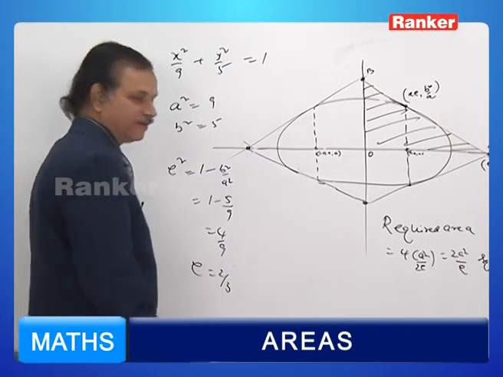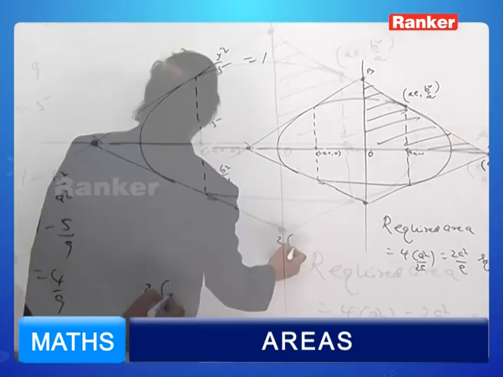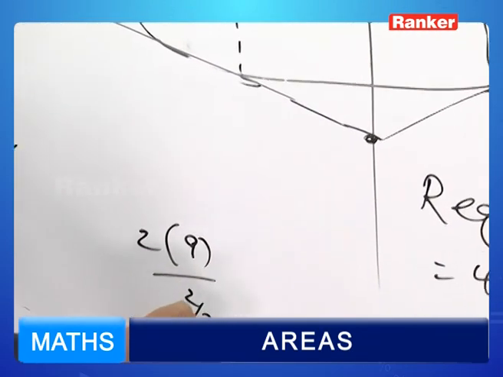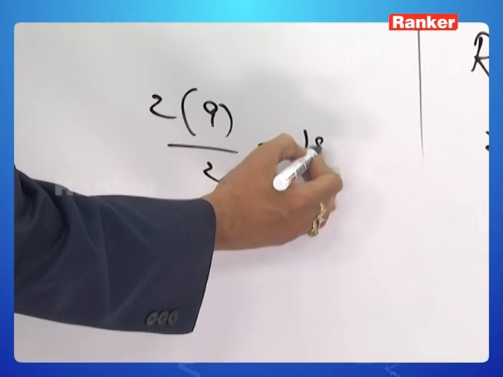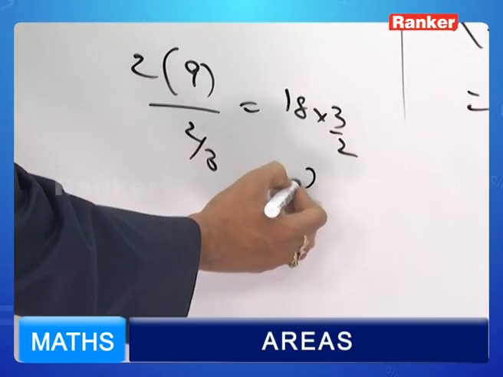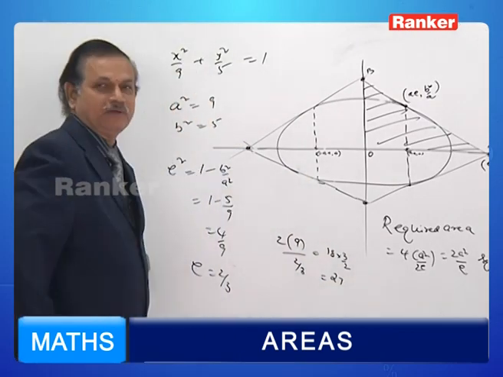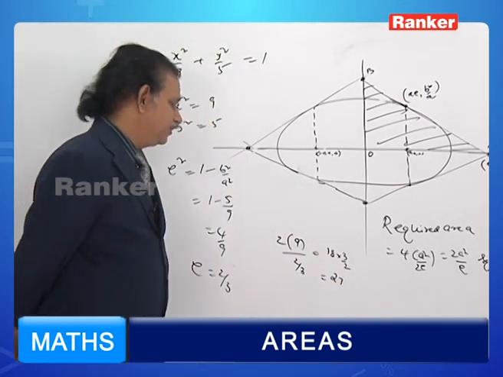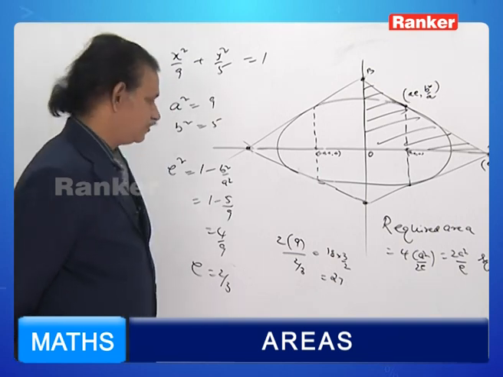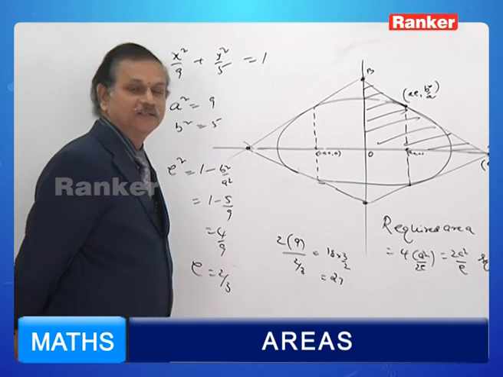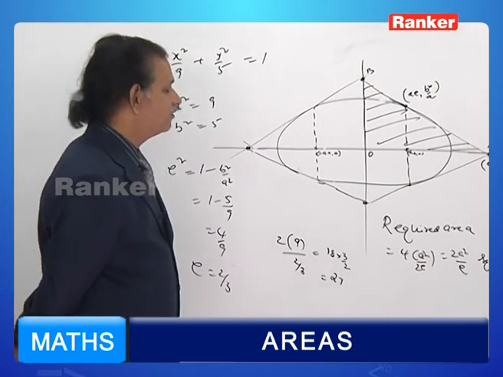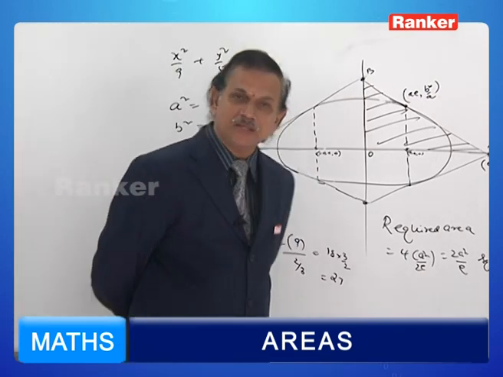Let us verify, it is 2a square, a square is 9, by e is 2 by 3. This is 18 into 3 by 2, that is 54 by 2 is nothing but 27. Is nothing but 27 the right option, right answer, isn't it? Okay, like this we can have the answer. Therefore, it is 2a square by e.